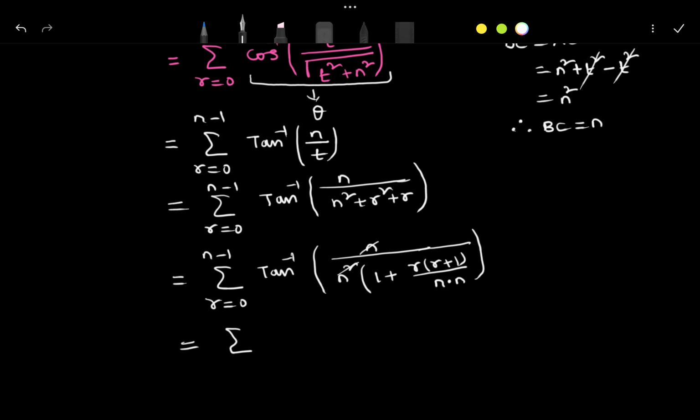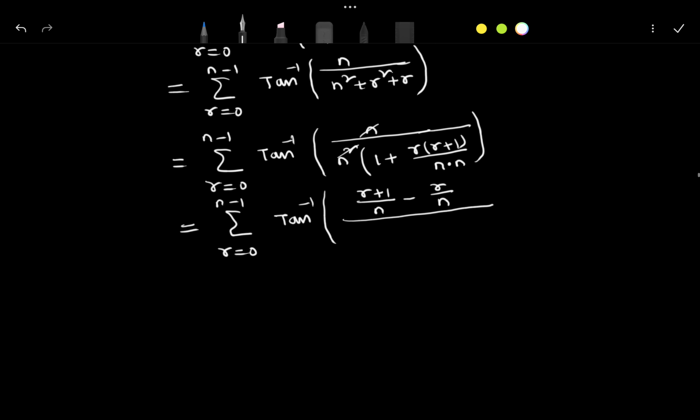So sigma r equals 0 to n minus 1 of tan inverse of 1 by n, you can write that as r plus 1 whole divided by n minus r by n, divided by 1 plus r plus 1 by n into r by n.